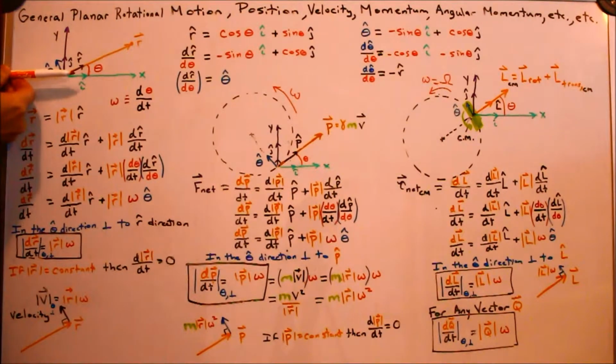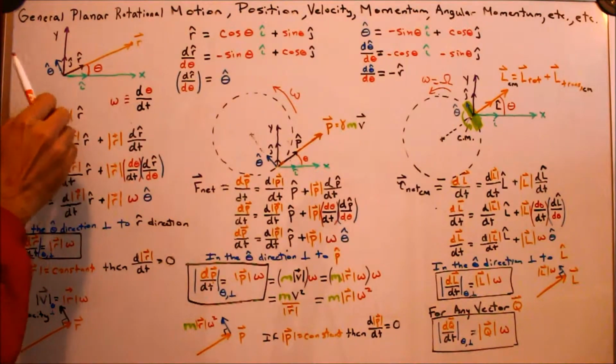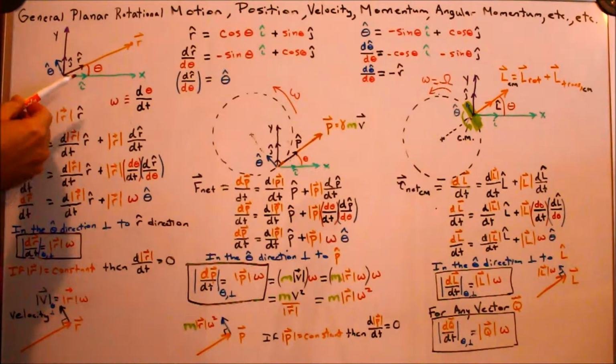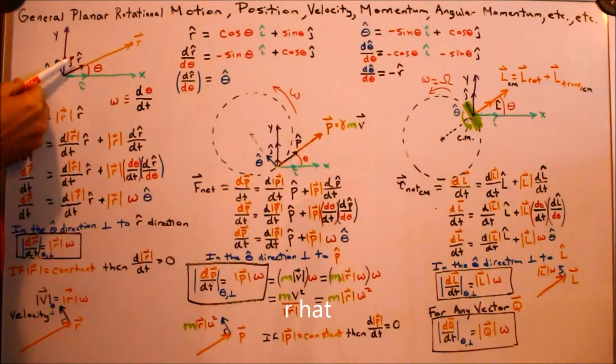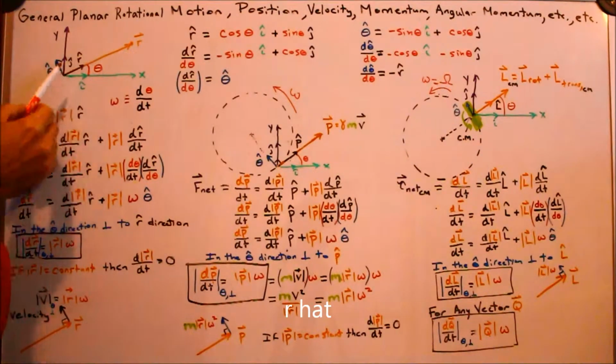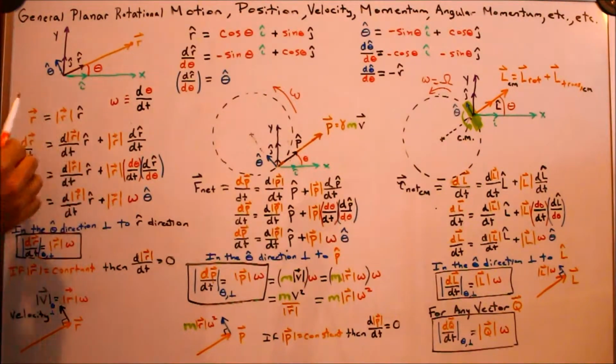In my Cartesian inertial coordinate system, I have the unit vector i in the x direction and the unit vector j in the y direction. I'll have the unit vector r hat in whatever direction r is, and then perpendicular to it I'm going to define the unit vector theta hat.